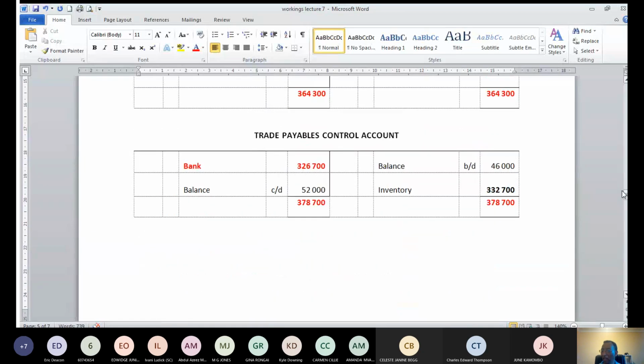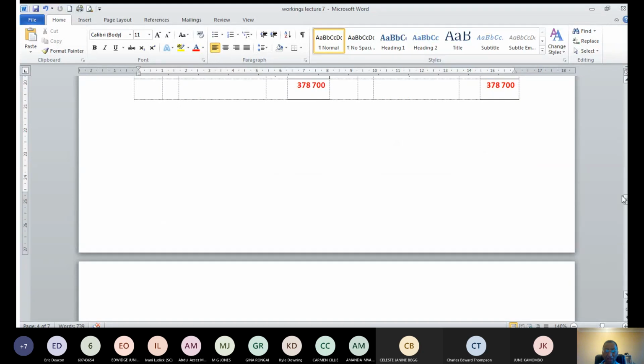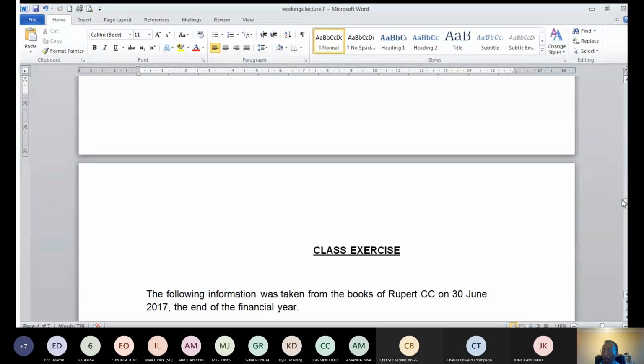You may have water and electricity there. You may have telephone. You may have salaries and wages. Those are all our expenses, not payments. Therefore, if you get any other item in your statement of profit and loss and other comprehensive income, it must be converted to a cash amount.